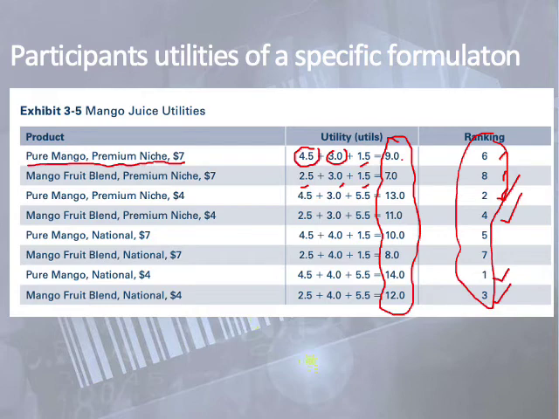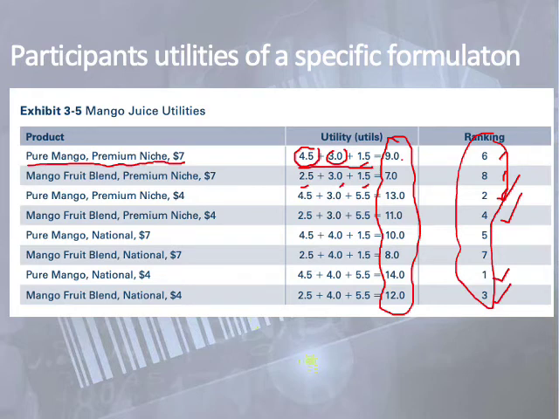But there are also instances wherein the result does not jive with the adding of utils on the specific attributes. So it is necessary for you to undergo the whole process.